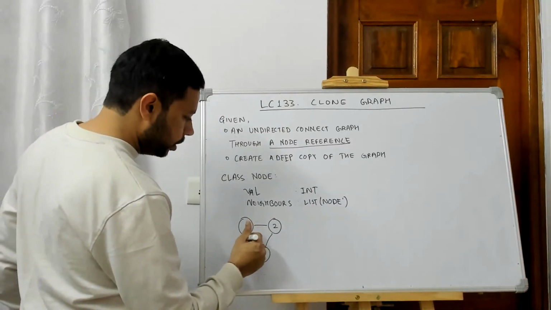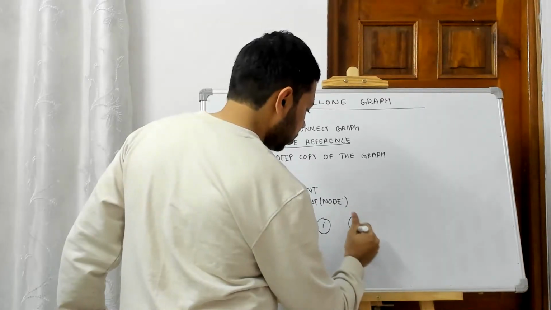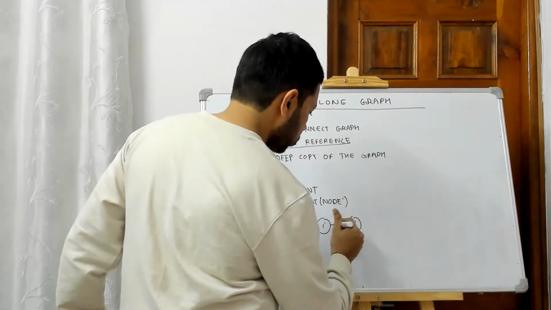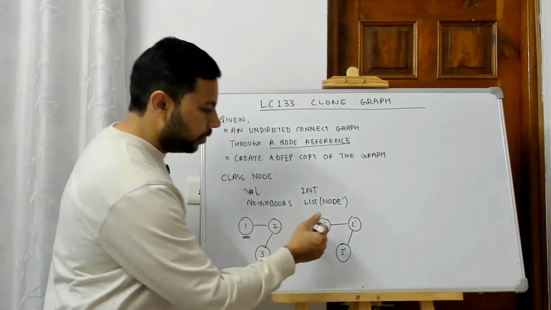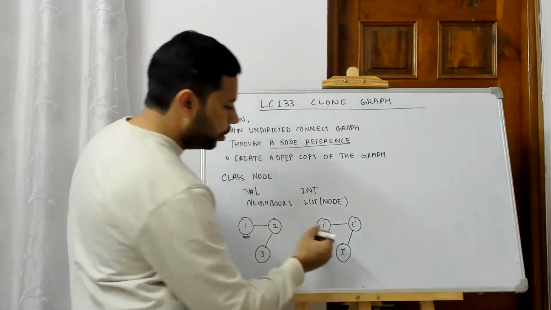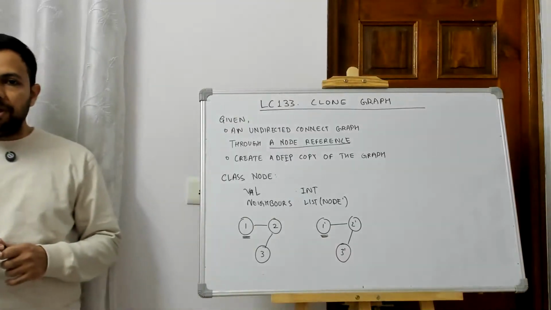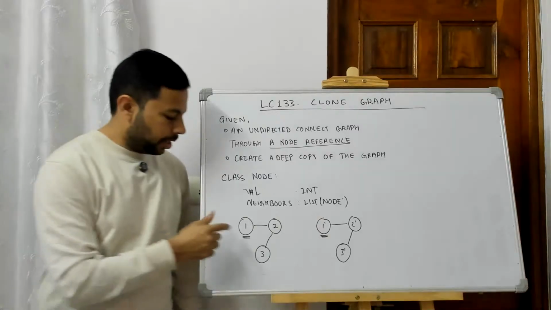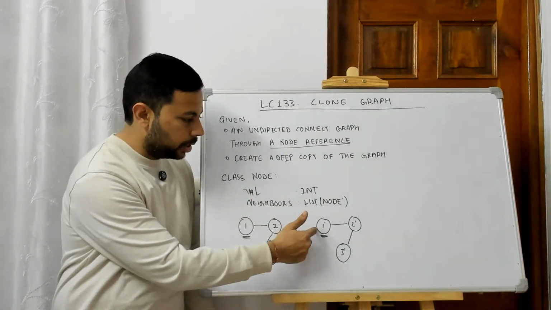You only have access to this, and you have to create another copy 1 dash, 2 dash and 3 dash, where each of these nodes are created, and for each of these nodes you have the list of neighbors, and you return me this node. That is the ask in the question. Given a graph through the reference to a node, create a copy, and then return the reference to the same node.